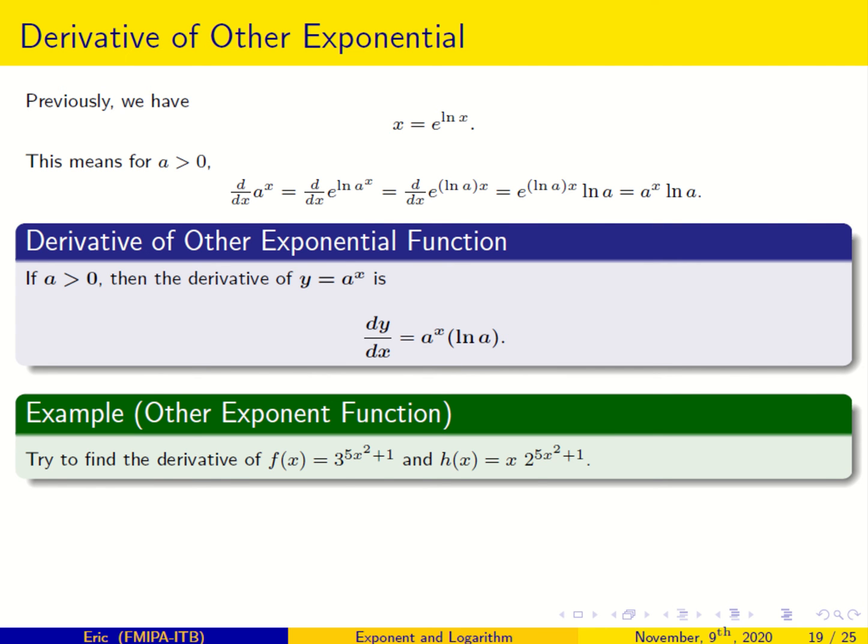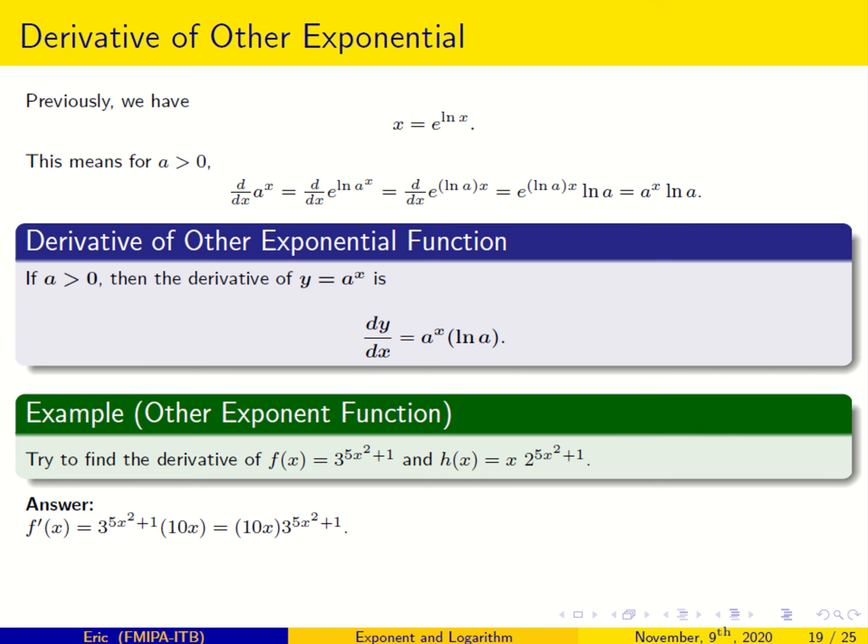What about this? How do I find the derivative of 3 to the power of 5x squared plus 1? It is 3 to the power of this, times ln 3, the natural logarithm of 3, times the derivative of the exponent, which is 10x. Oh, the earlier example is wrong.